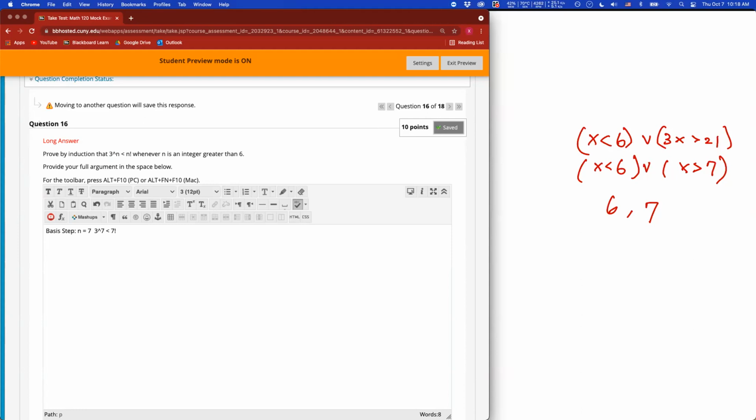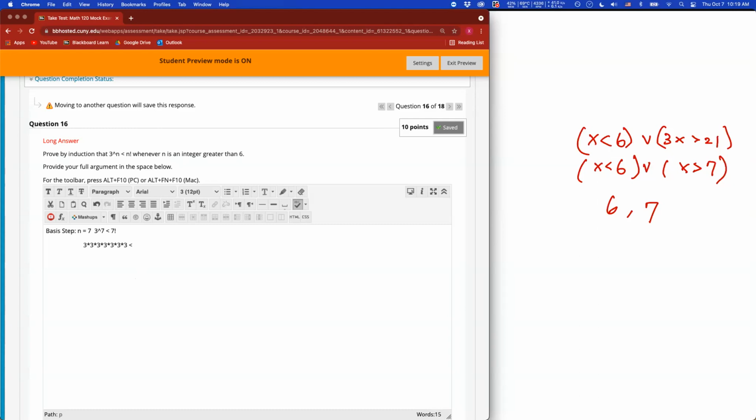So what's 3 to the 7? Well, 3 to the 7, not 3 times 7. This is 3 times 3 times 3 times 3 times 3 times 3 times 3. I think I have seven 3s here. You want to show it's less than 7 factorial.